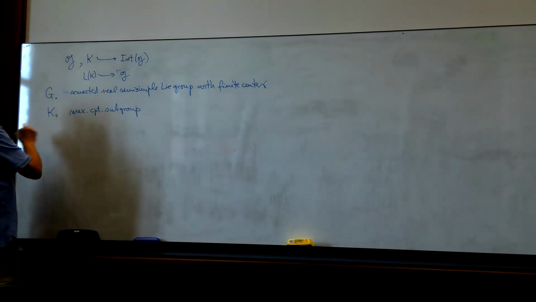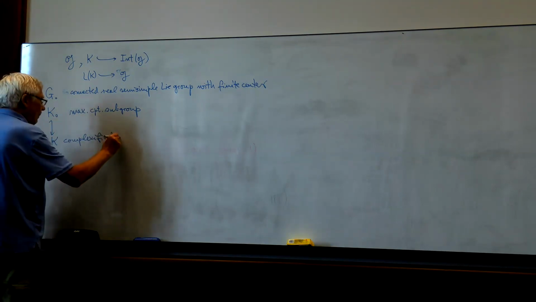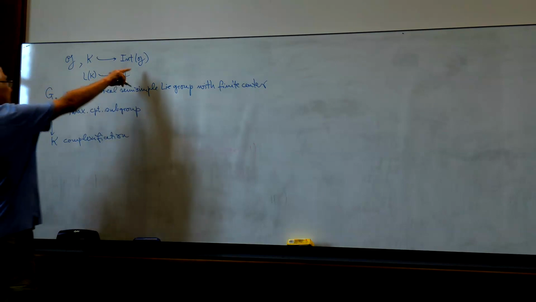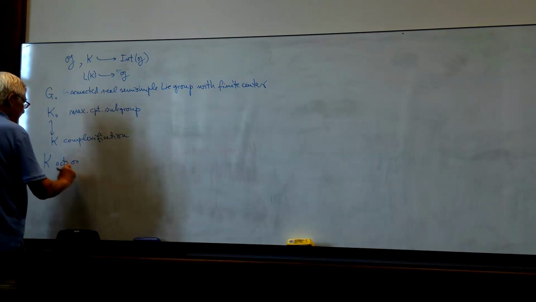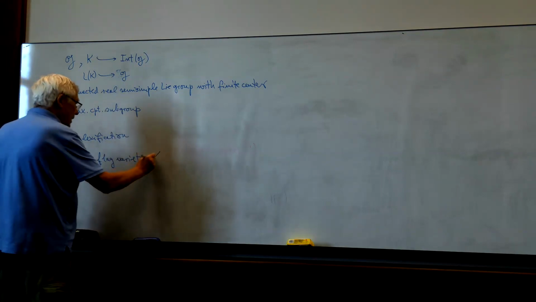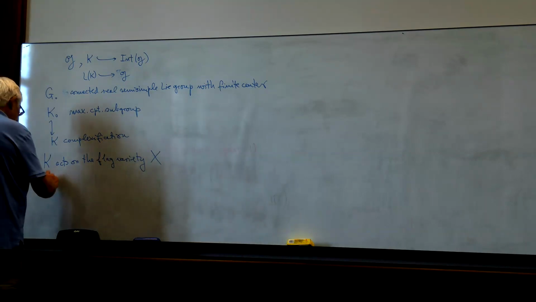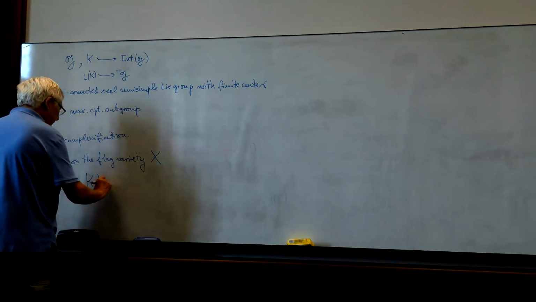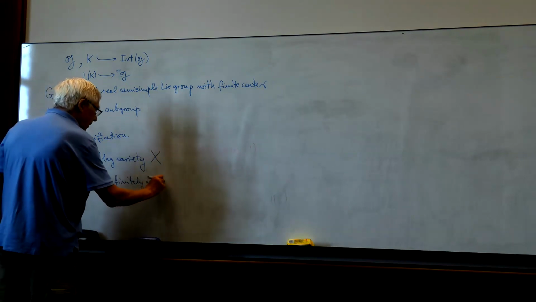Then I can consider the complexification of K naught, and it maps into G, therefore K acts on the flag variety X. And the theorem I want to prove is that K has finitely many orbits.